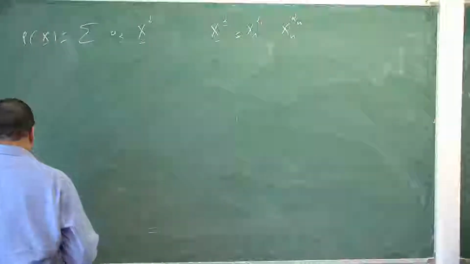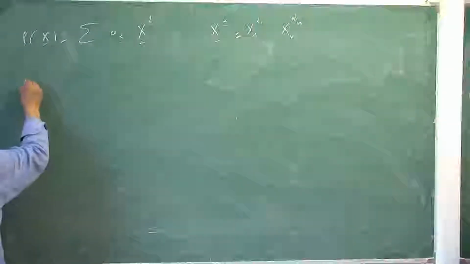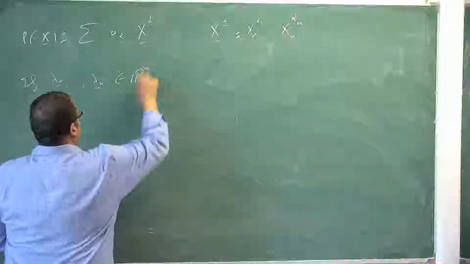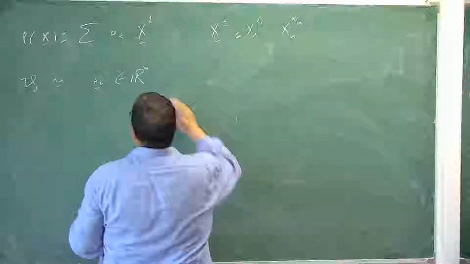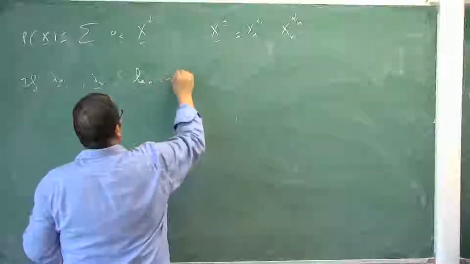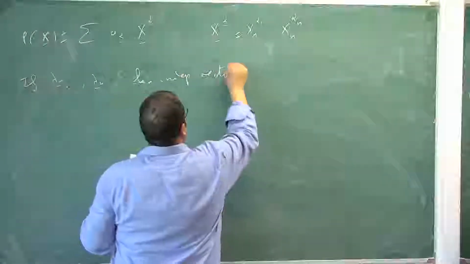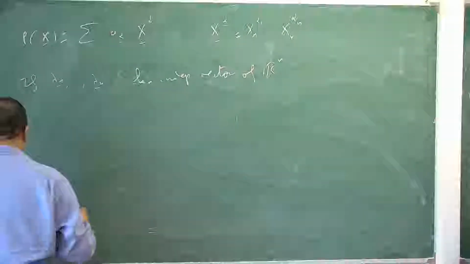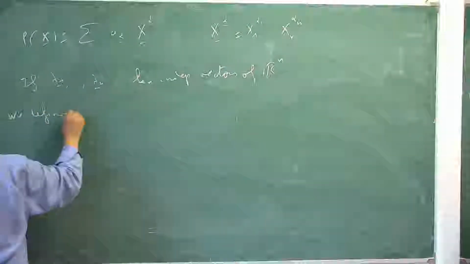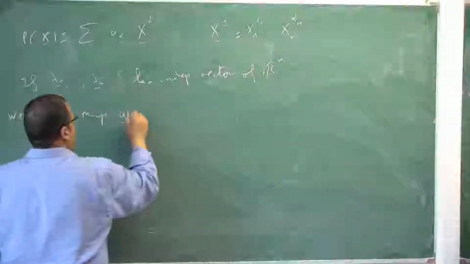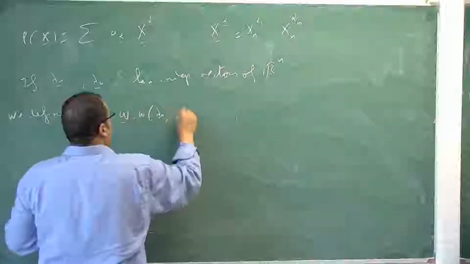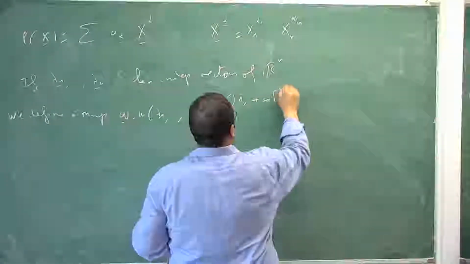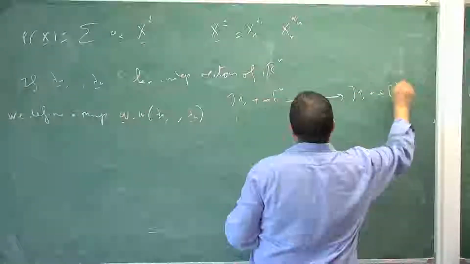We also define, if lambda 1, ..., lambda n are linearly independent vectors of Rn, a map omega equal omega of lambda 1, ..., lambda n in this way, from 1 to infinity to 1 to infinity.